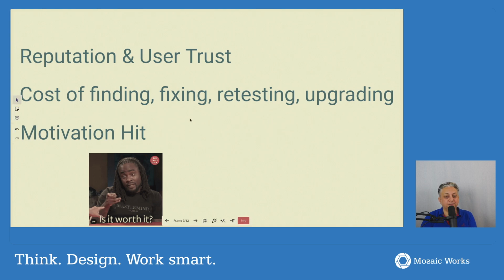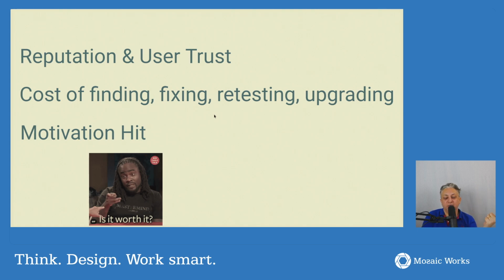Another cost, the second cost, is the cost of finding, fixing, retesting, upgrading. And this is different for every type of product. Once you get a bug report, somebody needs to look at the bug report and needs to prioritize, sort, assign. A developer needs to start investigating.